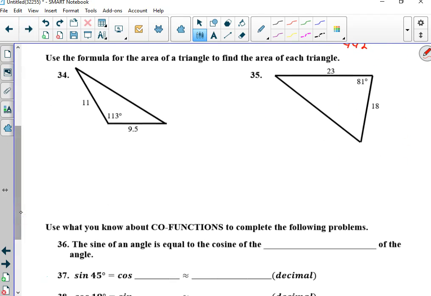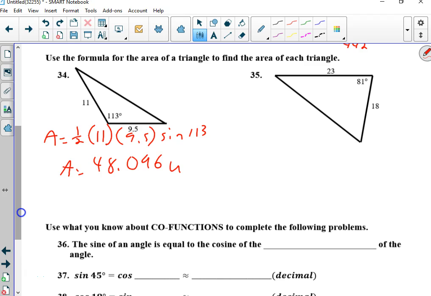Use the formula to find the area. Remember, simple formula. Area is 1/2 the one side that makes the angle times the other side that makes the angle times the sine of that angle. And when you do that, you get area of 48.096. And remember, it's units squared.